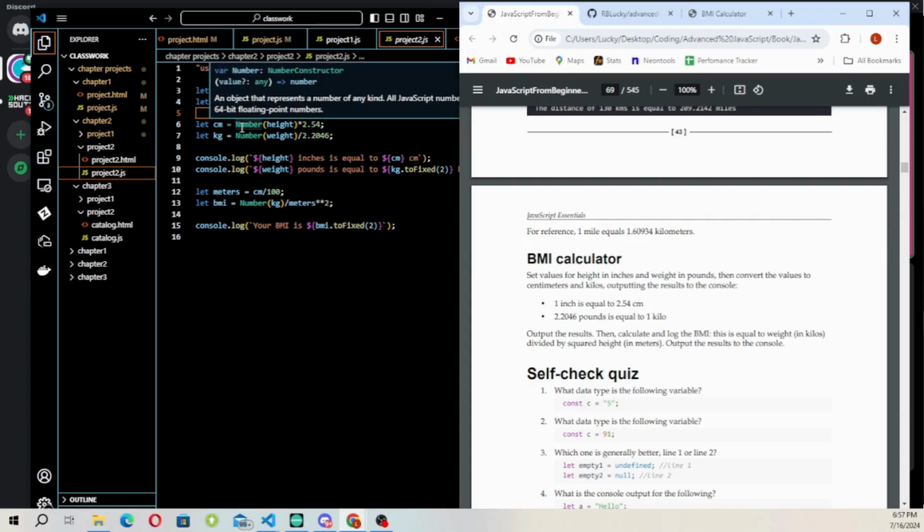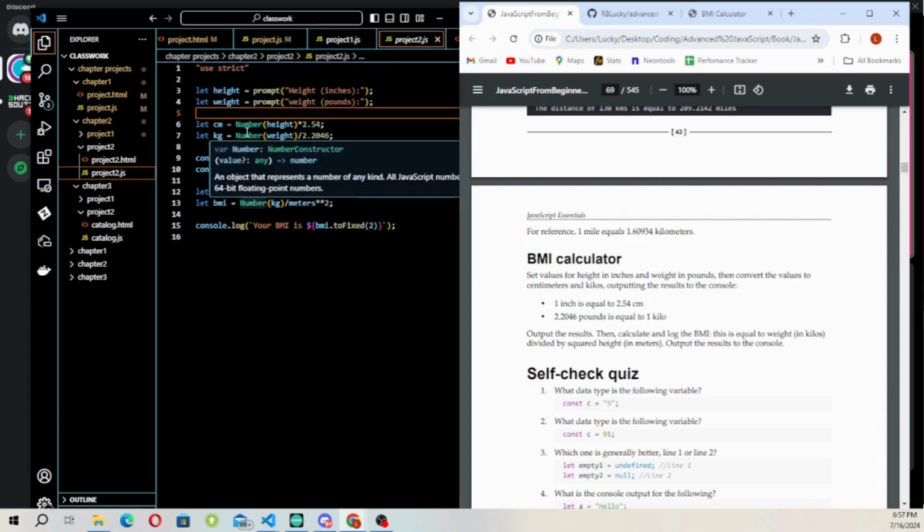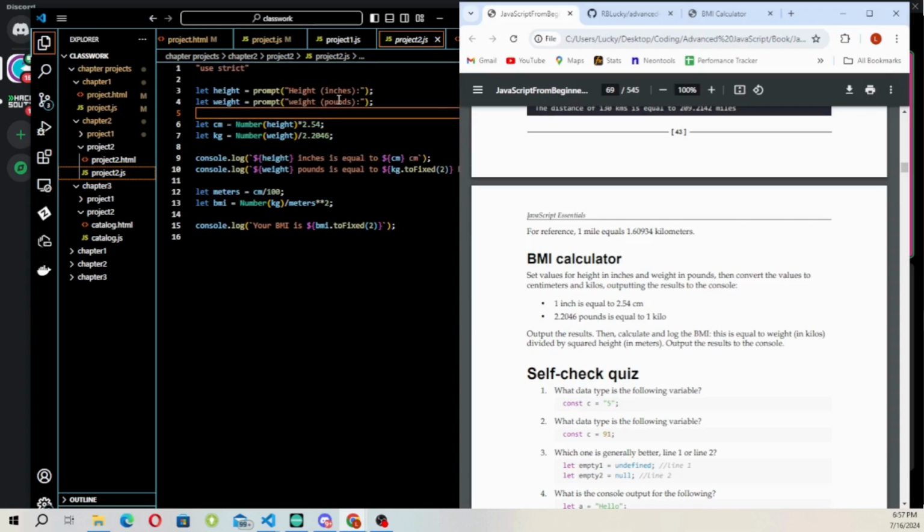It's the same thing as miles to kilometers, because when you use a prompt, it returns a string. It's not a number. Even with weight, when someone gives us 10, even though 10 is a number, because you used prompt, it's taken as a string, so you can't multiply 10 and 2.54, because it tells you that you can't multiply a string and a number.